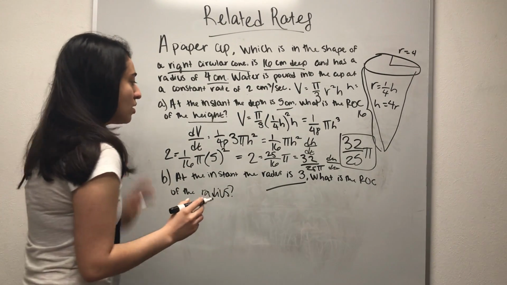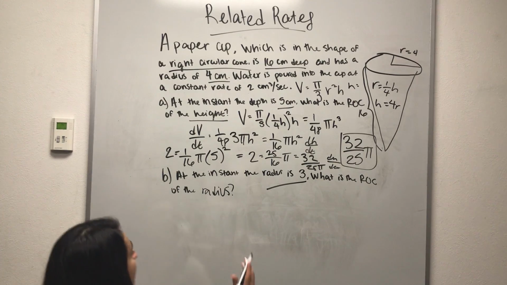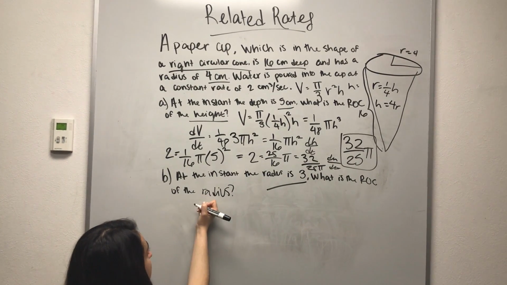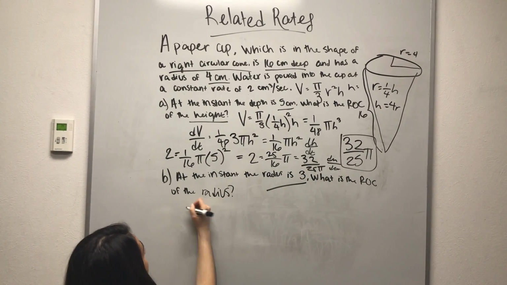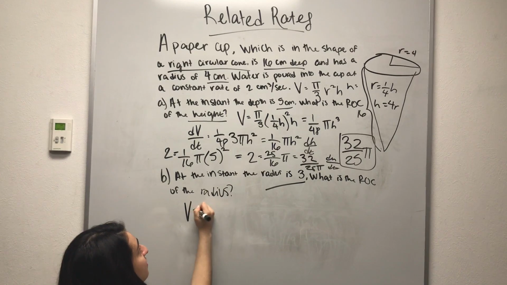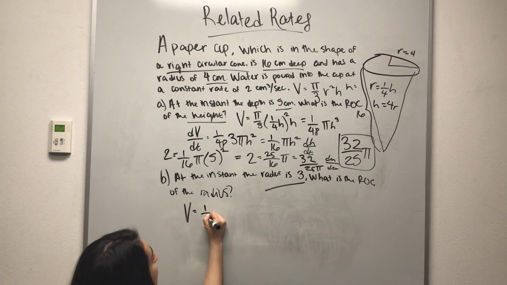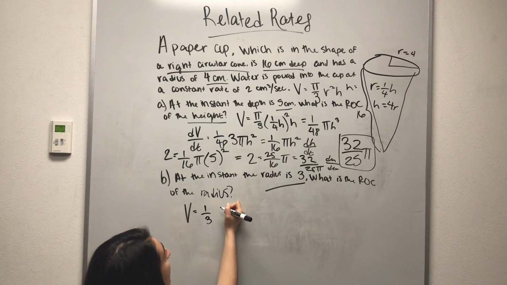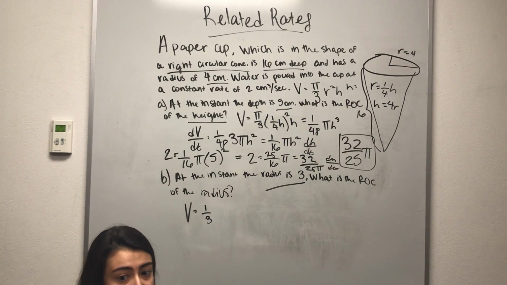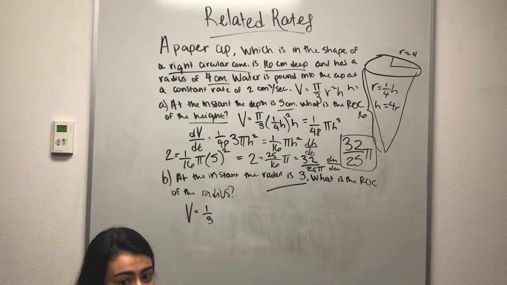At the instant the radius is 3, V equals 1/3, and then we have 3 because it's asking us to find that.